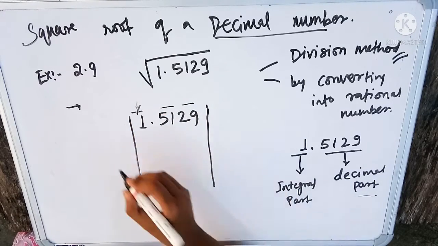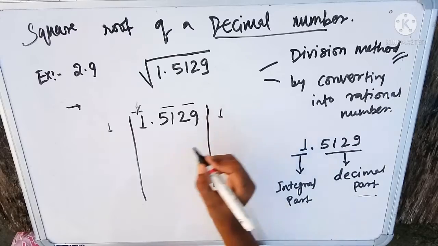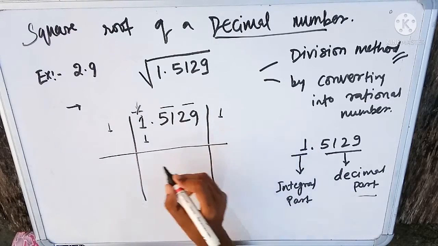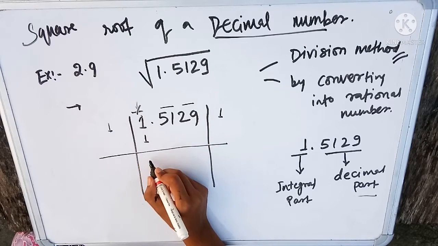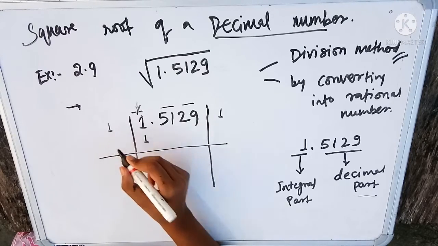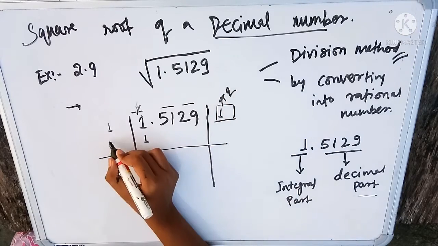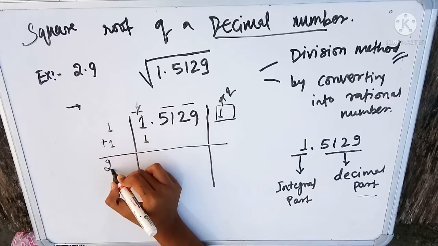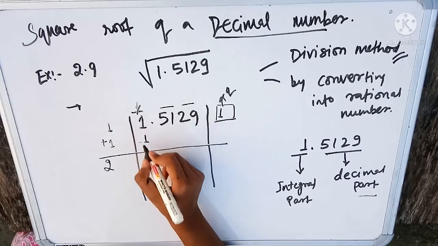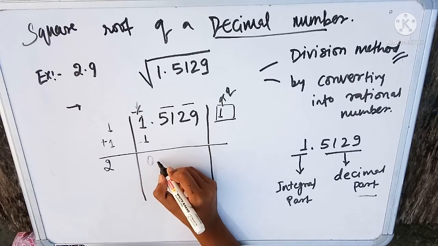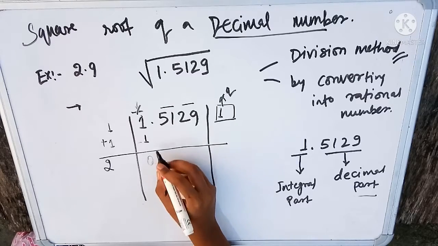So here we have 1, so we can say that 1 multiplied by 1 is 1, which is equal to this number 1, and this will be cancelled, and here we have to add the same number which is in the quotient. So 1 plus 1 will be 2, and here we have to subtract, so we will get 0 here, and the next number we will put down is 51.